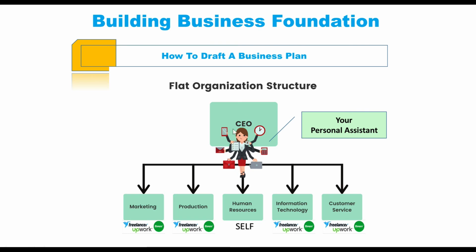So let's assume that you are the CEO here. That lady over here is not the CEO; that is your personal assistant. You are the CEO, the business chairman, the president, or whatever you want to be. There are a lot of things you have to do, but in the end you will not be able to monitor each and every person's status.